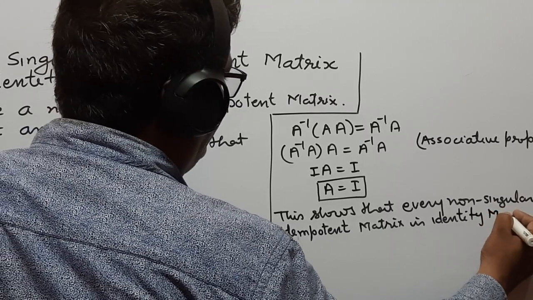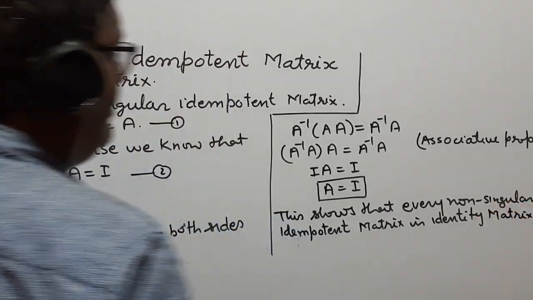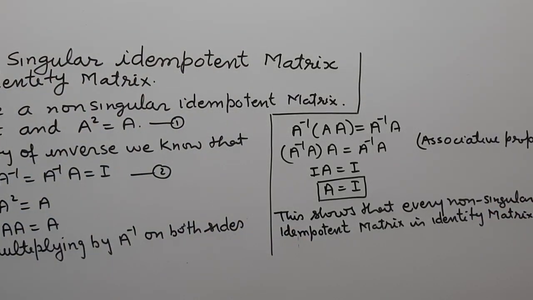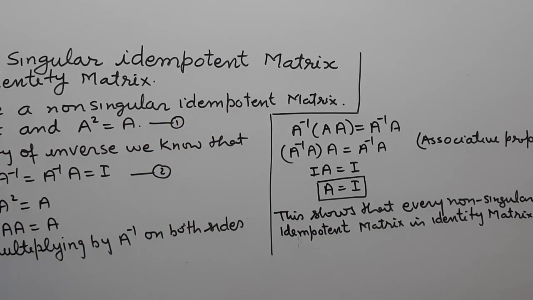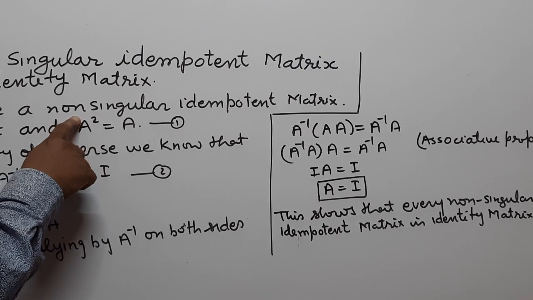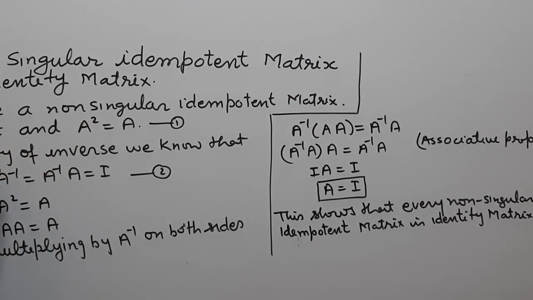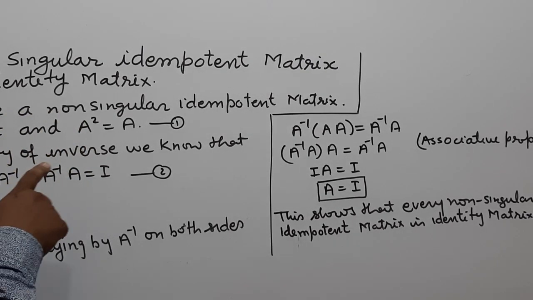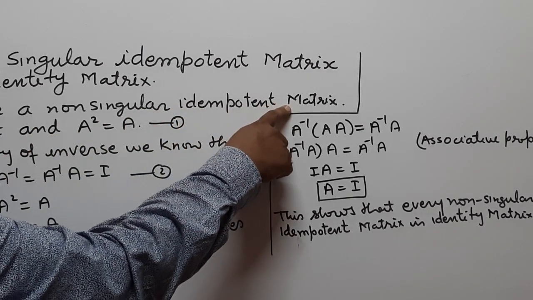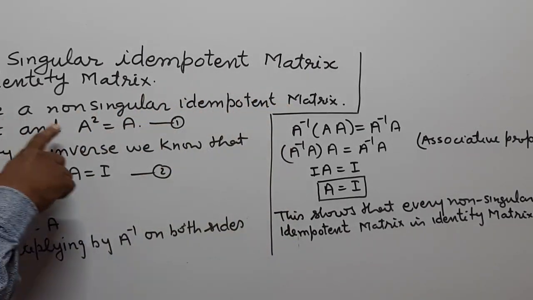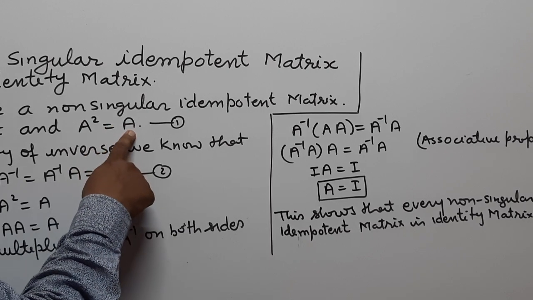You can see here. So first we suppose that A be a non-singular idempotent matrix. We know that if A is non-singular, that means the inverse of A matrix exists. So A inverse exists. And here A is an idempotent matrix, so the square of A matrix is equal to itself.